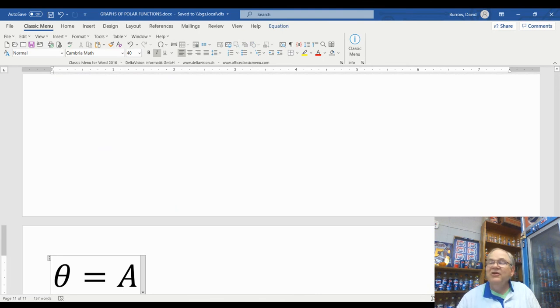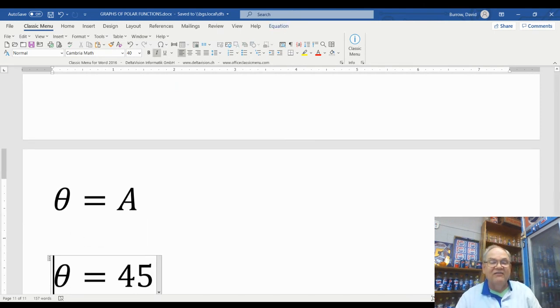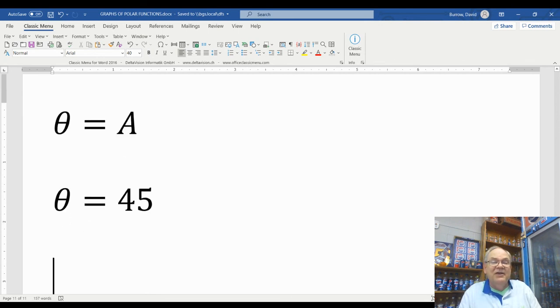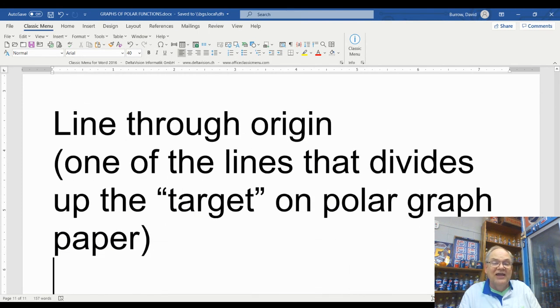The last shape I want to talk about is what will happen if you have theta equals some number, like theta equals 45, or theta equals 90, or theta equals anything, really. What ends up happening if it says theta at the beginning instead of r is you're going to end up with a line that goes through the origin.